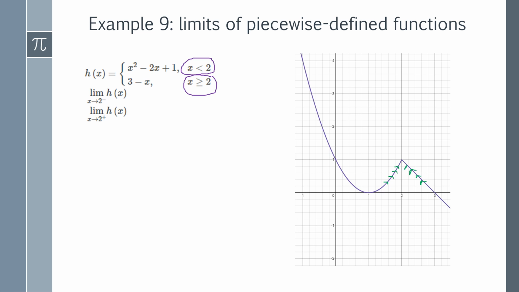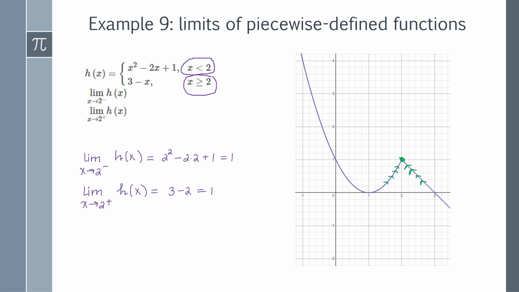Notice that even though these two parts of the graph are different, right? One is a quadratic function, another one is linear. They do go to the same point. So that would be 1 right here. And of course, we can check this algebraically as we plug in 2 for x in each of the equations.